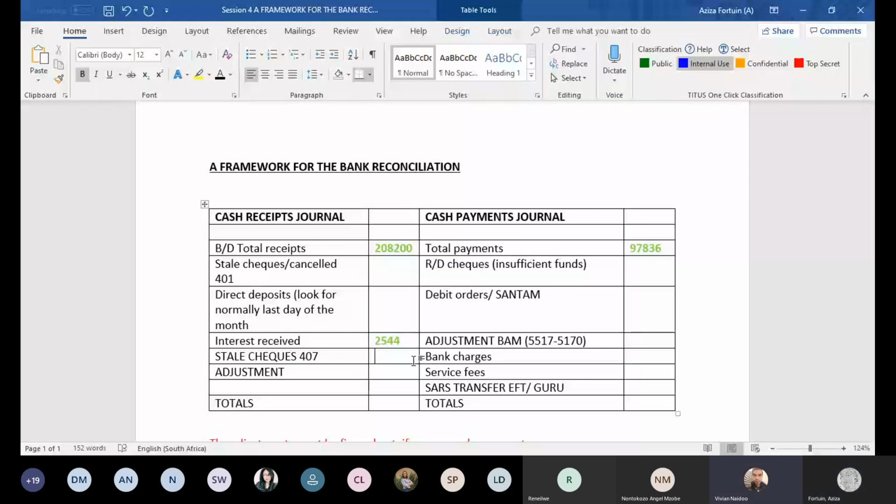Check 981 for 12,000. And what do I do with that? Does that go to our cash payments, Aziza, as a debit, or the payment or check?